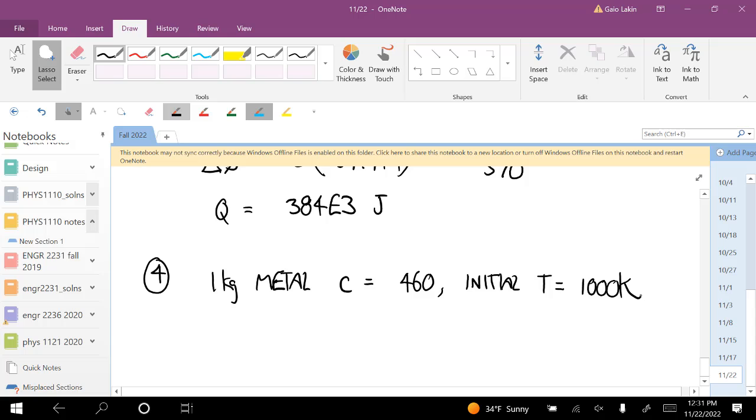So that's really hot. And then we have 30 kilograms of liquid water. The C for that is 4186. And the initial temperature for the water is 280 Kelvin.